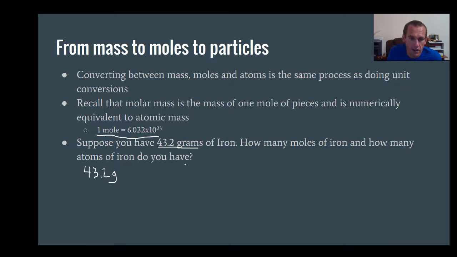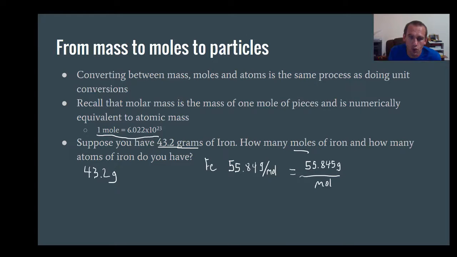Iron has a molar mass of 55.845 grams per mole. Now remember, I'm trying to get moles of iron. So if I have, this is the same thing as 55.845 grams over moles.